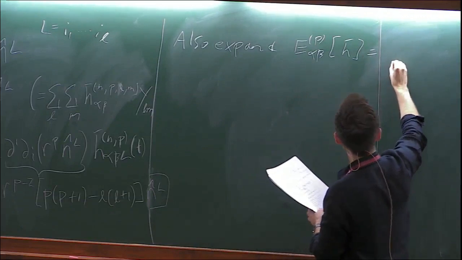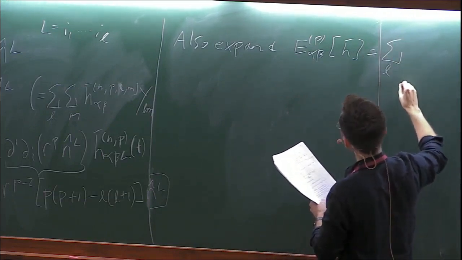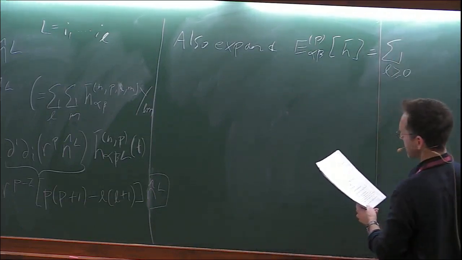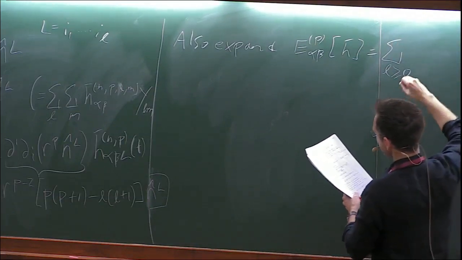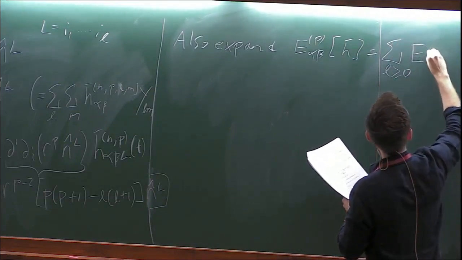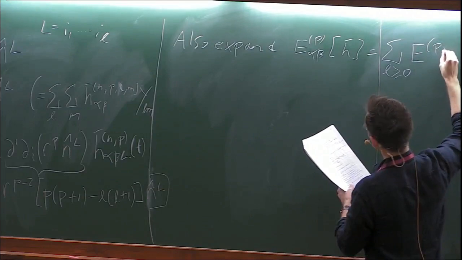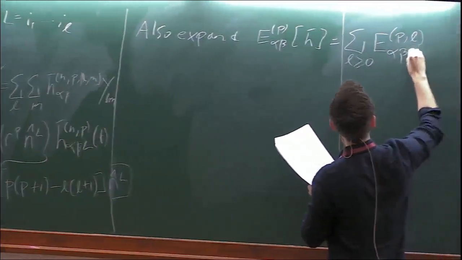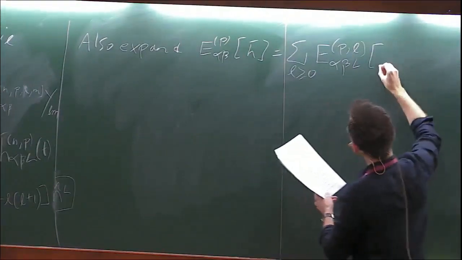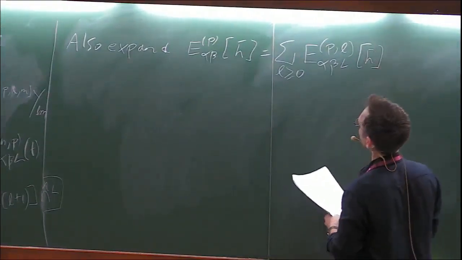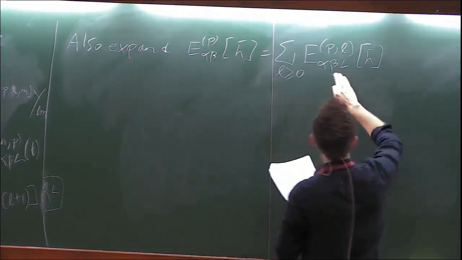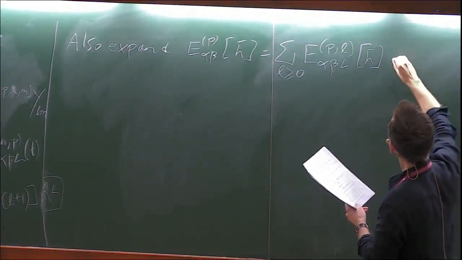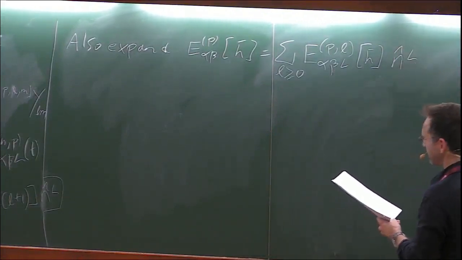So that can be written as a sum over L, where L is always non-negative. And I'm just going to write this formally as E superscript P, superscript L, alpha beta L, H bar. So whatever things are in here, it's going to be given by this with now n hat L outside.